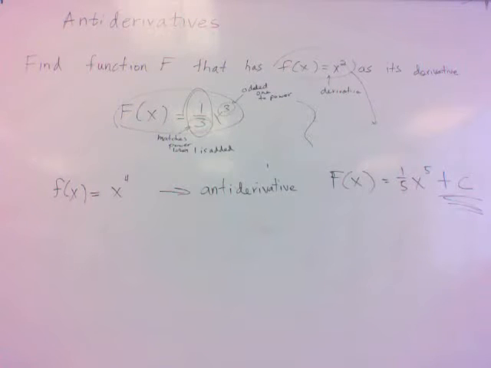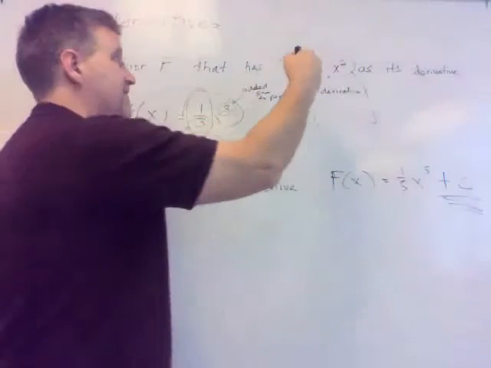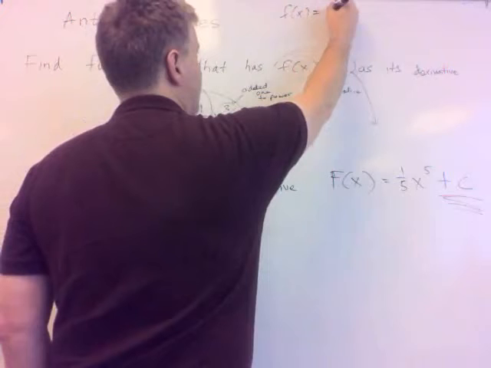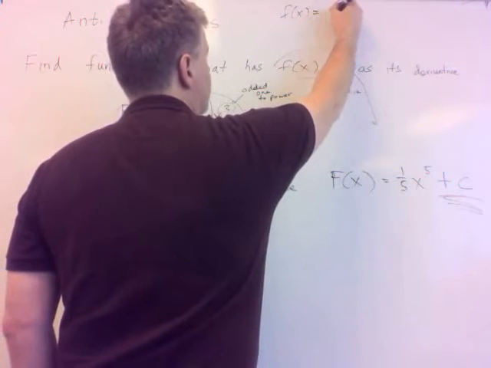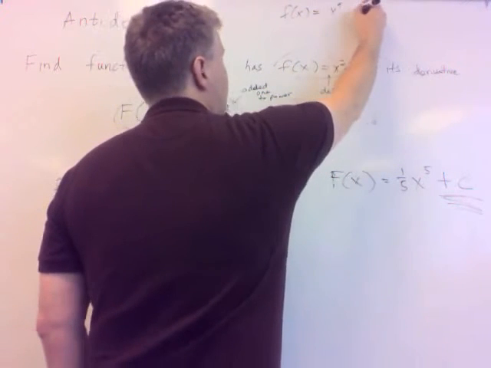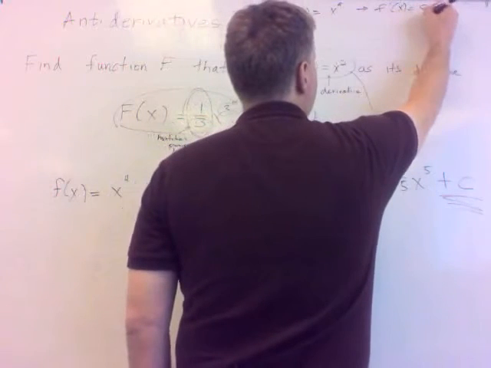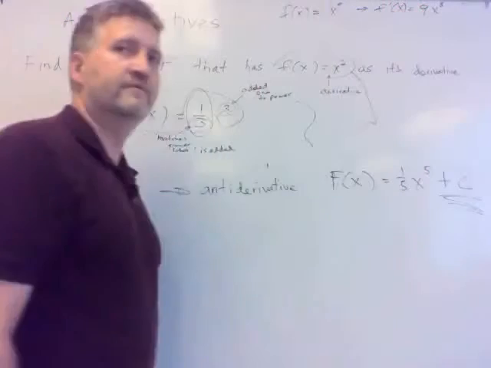All right. And if you think about it, this is just the opposite of what we were doing. Because if I do the derivative of something, say I have f of x equals x to the 9th, well, the derivative is bring down the power and multiply, and then subtract 1.